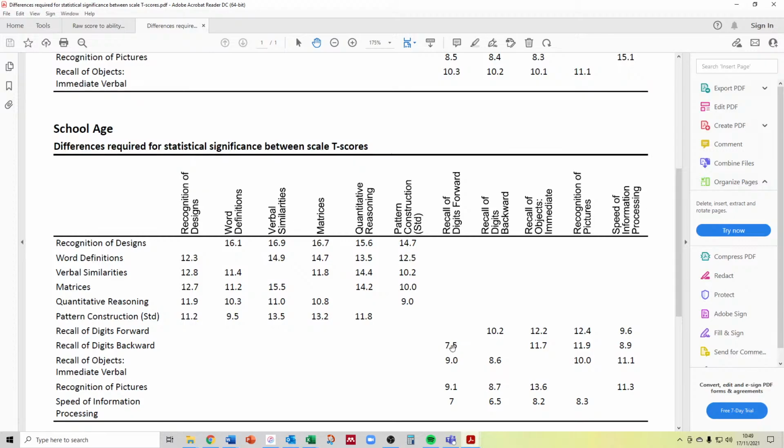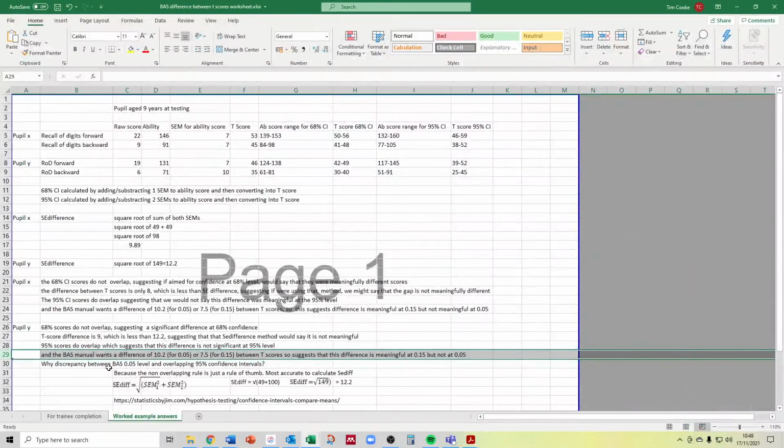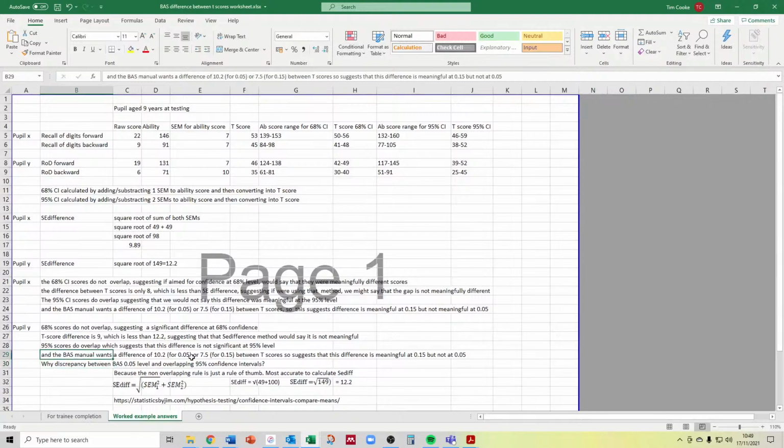So they're wanting a 7.5 difference for 0.15 and a 10.2 difference for 0.05. So I've got those figures, 10.2 for 0.05, 7.5 for 0.15, and I've written them in. The BAS manual wants a difference of 10.2 for 0.05, 7.5 for 0.15. The problem I'm having is I can't replicate those numbers using my understanding of the theory.